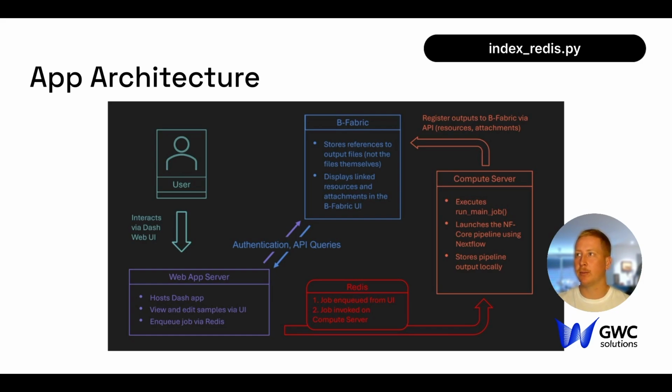A job is submitted via the web application to Redis, and then any compute nodes which you configure with a Redis worker will grab this job depending on which queue it's been submitted to. And this entire process is documented and logged, of course, in bfabric with the corresponding entities, which we'll cover in a little bit.